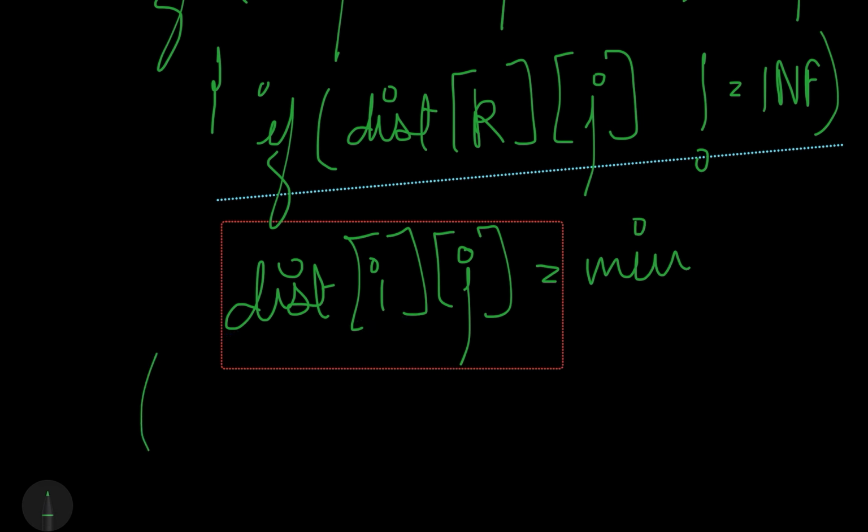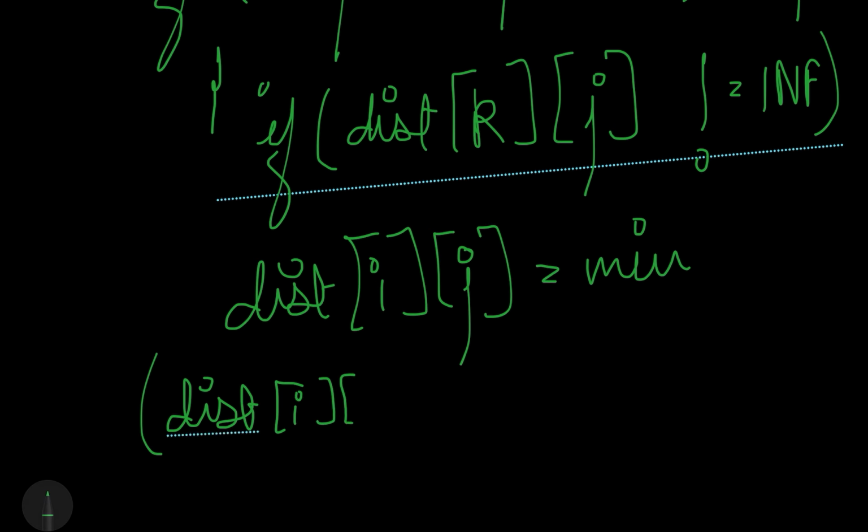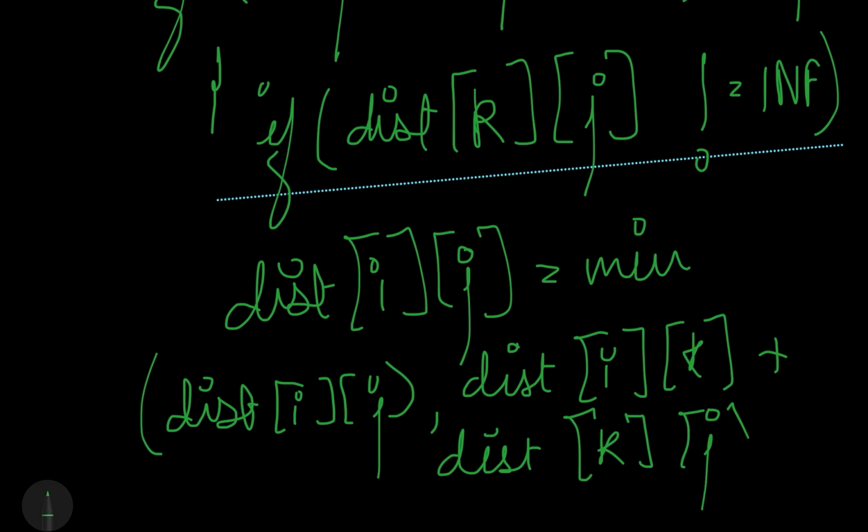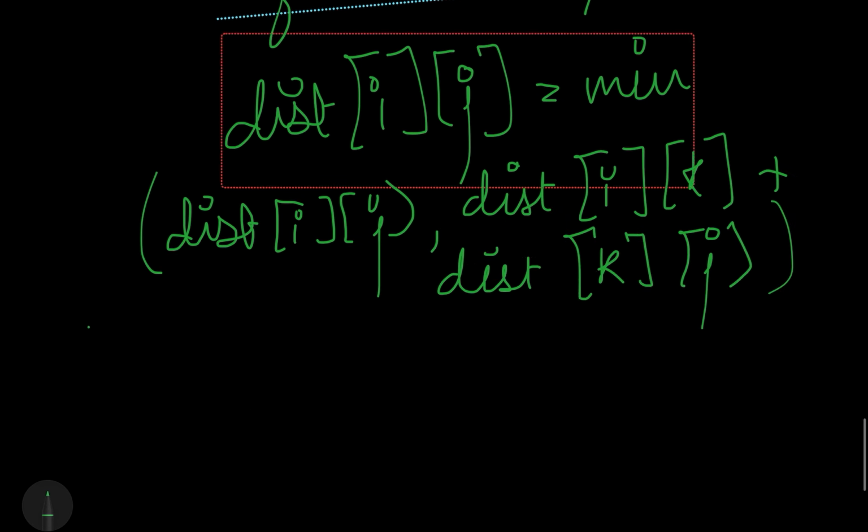It would be minimum of distance of I comma j comma distance of I comma k plus distance of k comma j.